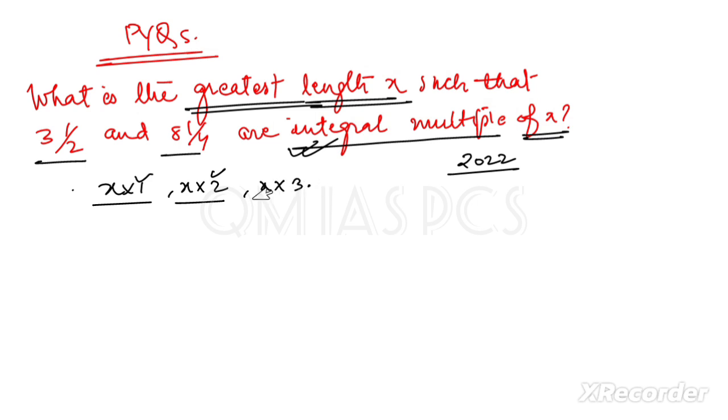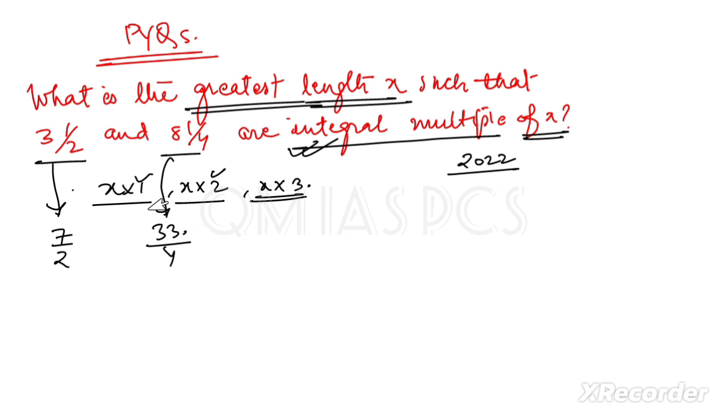Okay, clear? Now one thing, I understand that you know the very basics of mathematics. Like this is a fraction, we should convert this one. 3 whole 1 by 2 will be 6 plus 1, 7 by 2, and this will be 33 by 4.